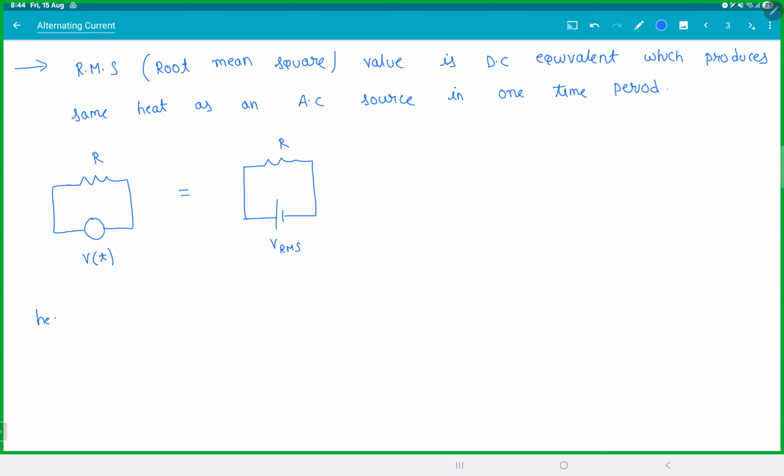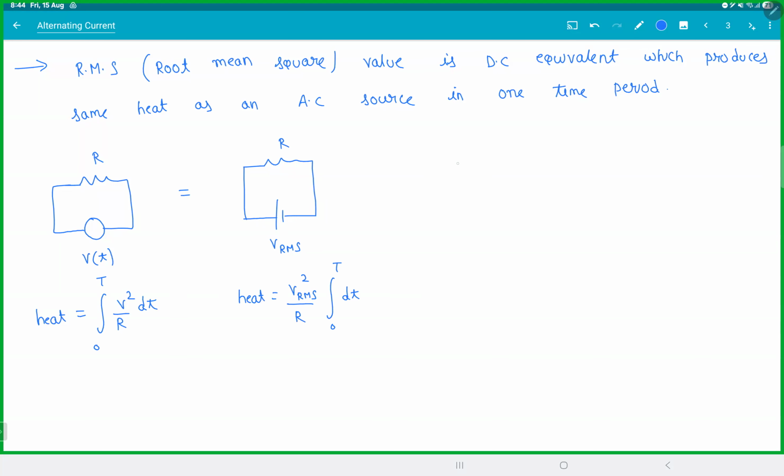Heat produced in a resistor is power into time, integral V square by R dt, because V is changing with time, from 0 to T. Agreed? Power into dt, and power is V square by R. Now for a constant DC battery, what is the power? Vrms square by R integral dt from 0 to T, because Vrms is constant, it comes out of the integral. And now you're telling me these two are equal.